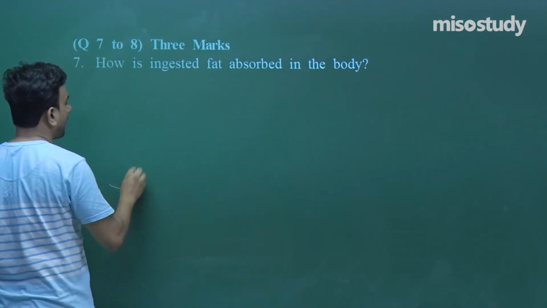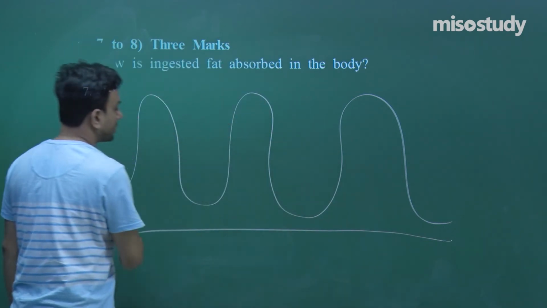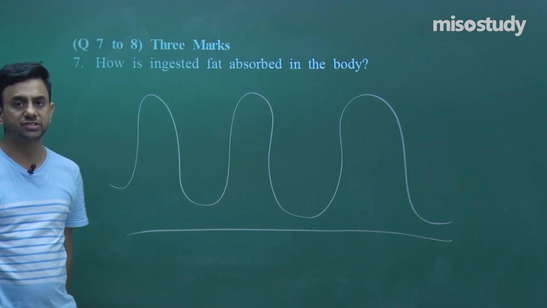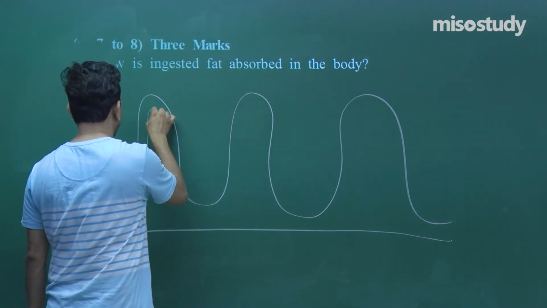Once again, if I draw the villi, these are the villi, the folding-like structures. These are the mucosal extensions of the intestinal epithelium. Inside we are going to see what?